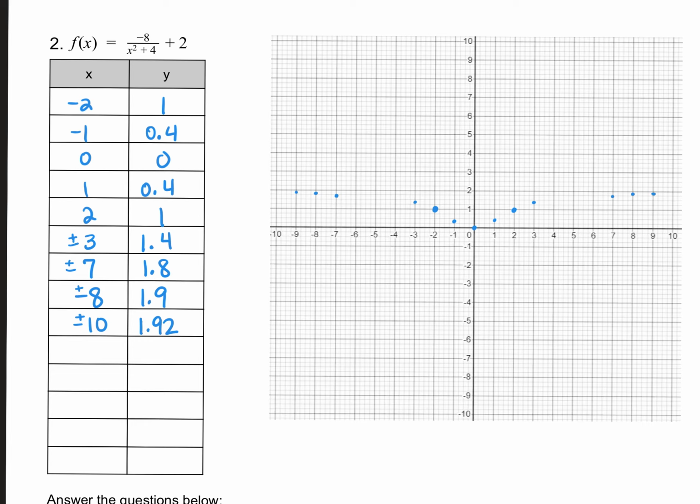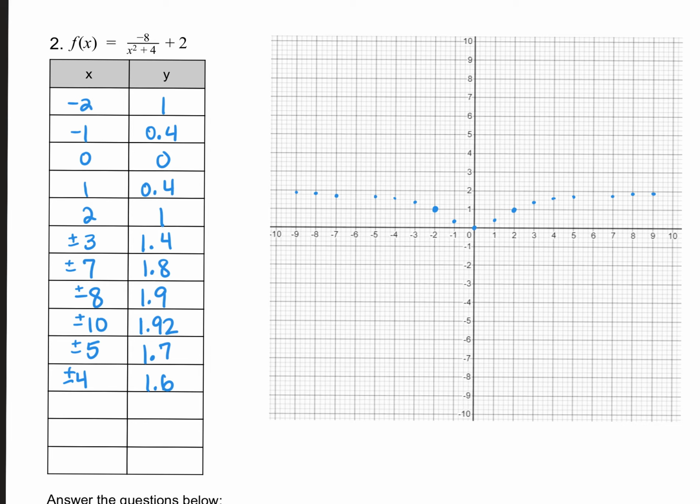All right, so hopefully we're starting to get a better idea. If you want another value in there, maybe try plus or minus 5. That's going to give you about 1.7. Plus or minus 4 is going to give you 1.6. So there are a couple other values in there that might be helpful, just to give you an idea of what's happening in this graph.